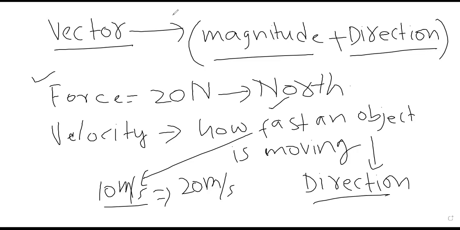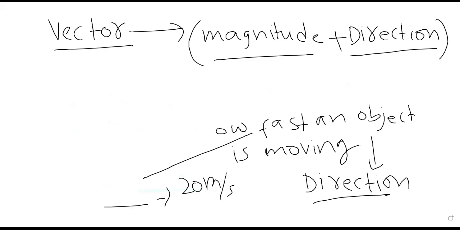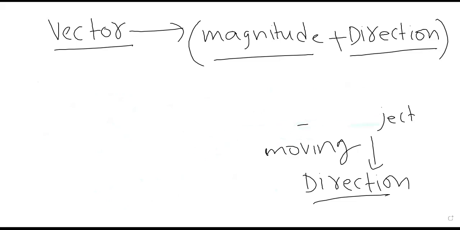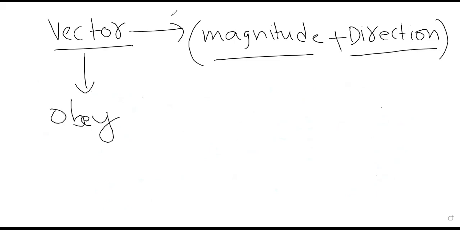So just note it down that vectors are those quantities which are completely specified by magnitude along with a direction. And one more extra point that I write down here is that it is not always enough to represent a vector with magnitude and direction, but the quantities must also obey the laws of addition.